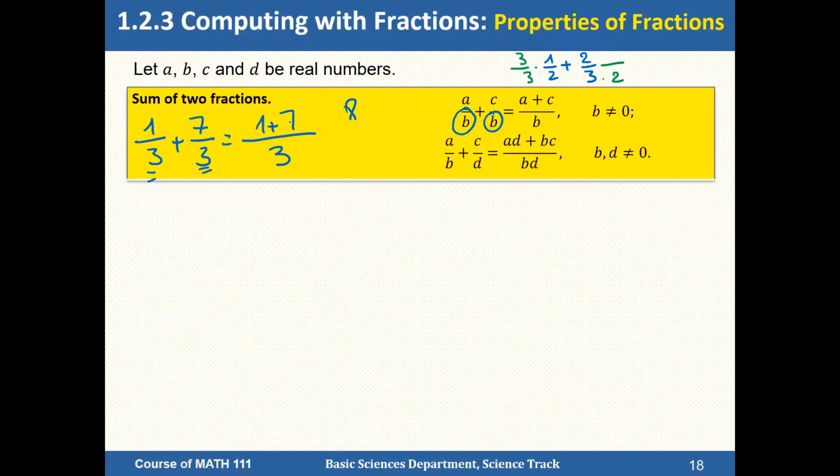If we multiply here by 2 in the denominator, we must multiply the numerator by 2. Then what do we get? 3 times 1, 3 over 6. And this one, 2 times 2, 4 over 6. Now we have the same denominator. We can add. The denominator will be 6. We add the numerators: 3 plus 4, 7. So this is how to add two fractions with different denominators.